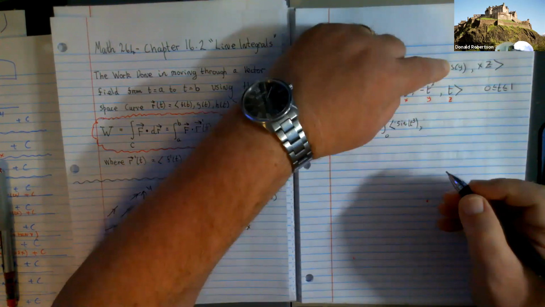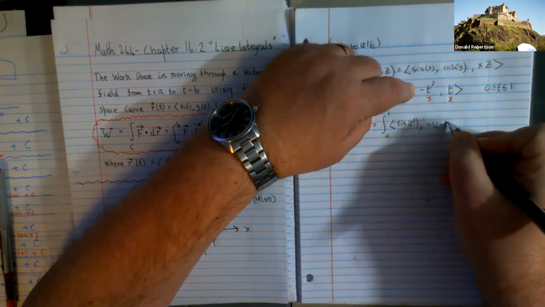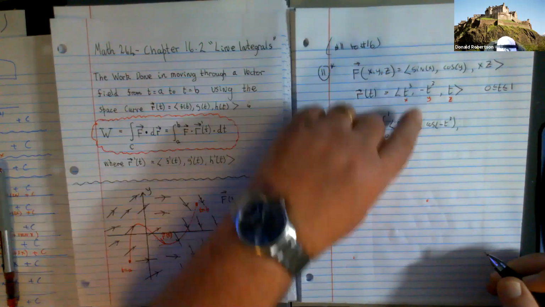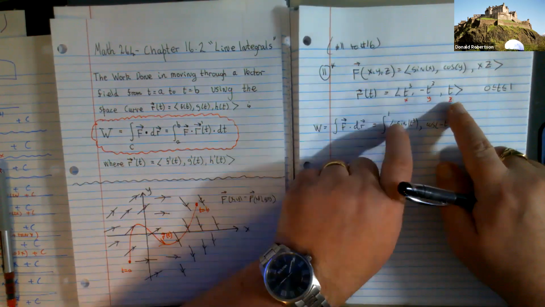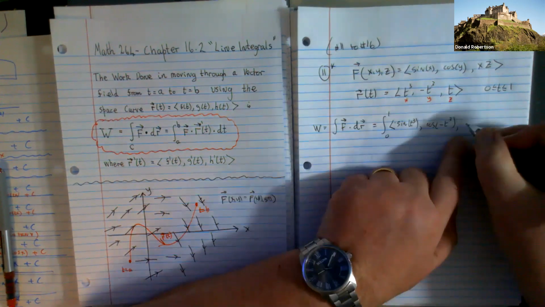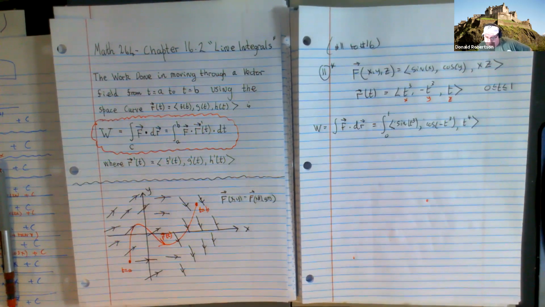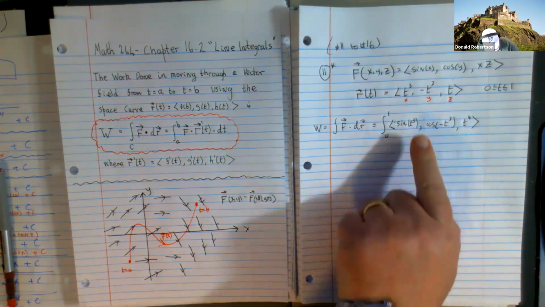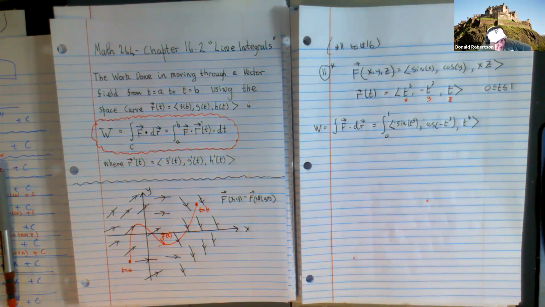Instead of the cosine of y, I'm going to get the cosine of negative t cubed. And instead of xz, I'm going to get x and z, so these two, and that's going to get me t to the 4. Are you comfortable with the vector field f being replaced in terms of t? Are we good with that?